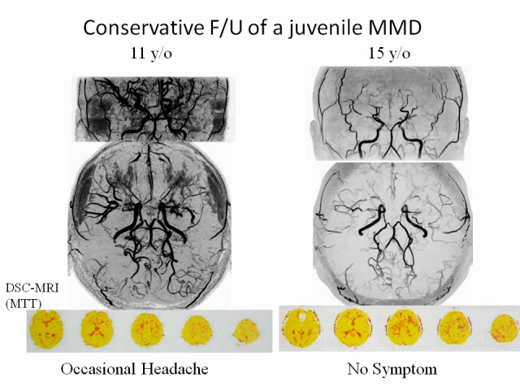This was determined by the DSC MRI. This is a patient of 11 years who was found to have a headache and found to have Moyamoya disease, but the CBF is not bad, and he was followed up for years. Recently, he had no symptoms.